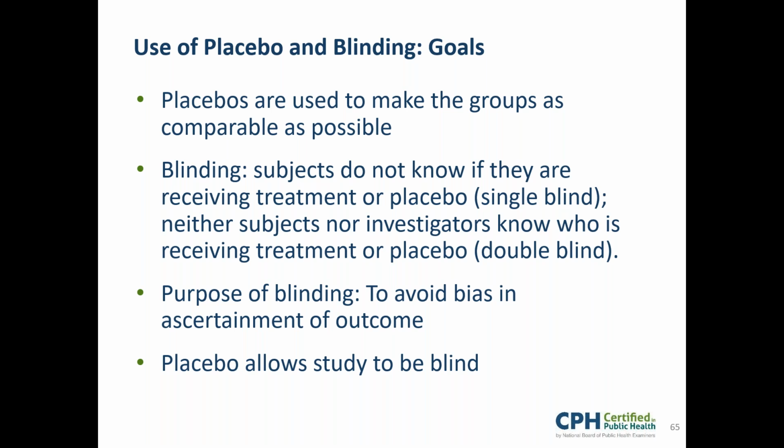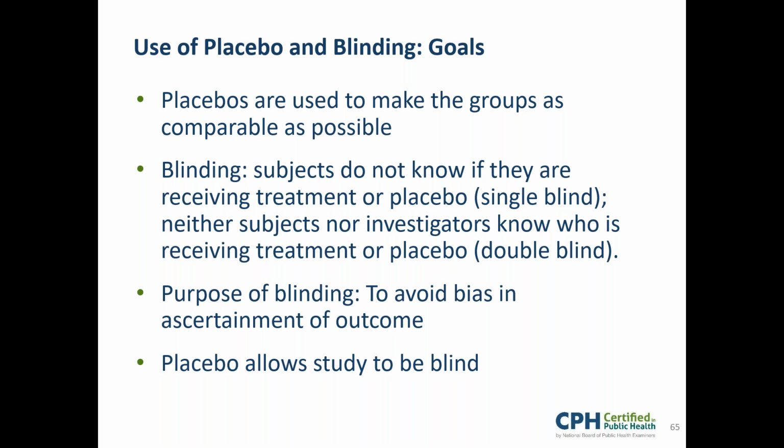Also, the investigators may be blinded to whether the participants are in the placebo or the active treatment arm. So when you're blinding, the subjects may not know if they're receiving treatment or placebo, which is a single blind study. If neither the subjects nor investigators know who is receiving treatment or placebo, that's considered a double blind study.